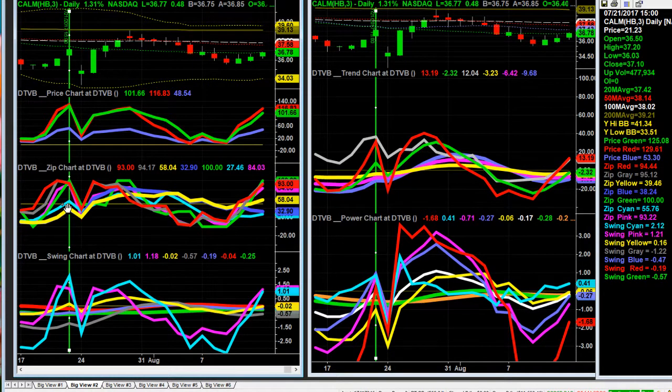When the red, gray, blue, and yellow go down. Now, in this case here, we have a pinpoint zip green at 100 on the vertical green line day in the zip chart.